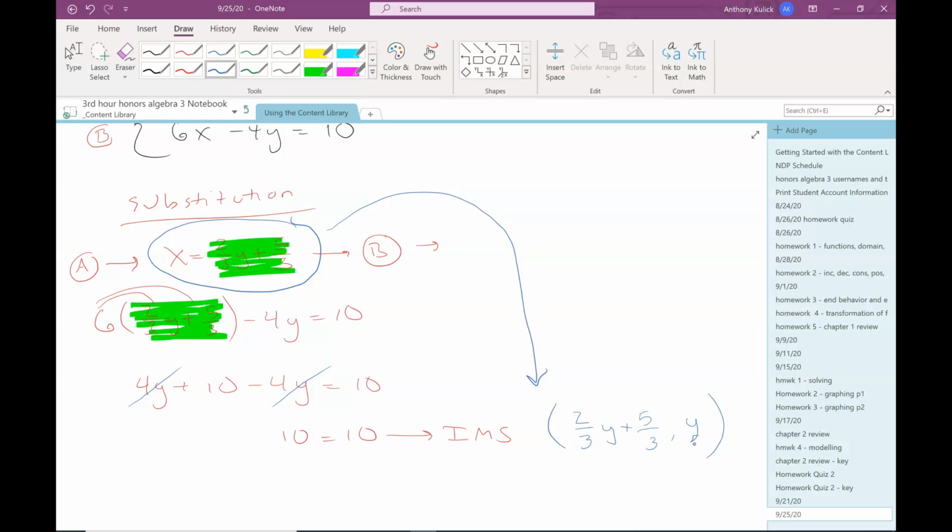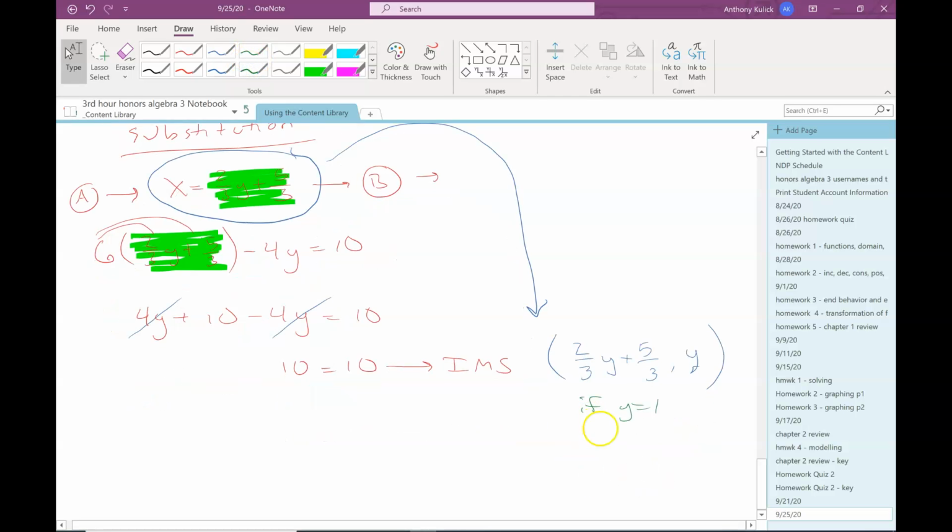So because I have infinitely many choices for y, I get infinitely many ordered pairs, right? But not any ordered pair is a solution. It has to be of that form. So for example, if I pick y to be 1, then we get 7/3, 1 as a solution.